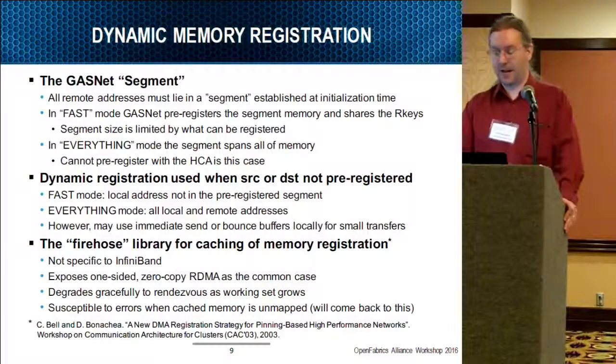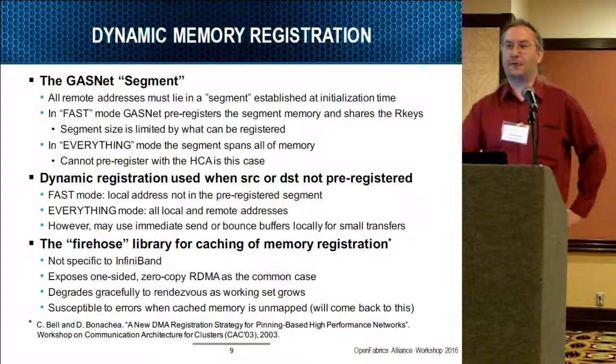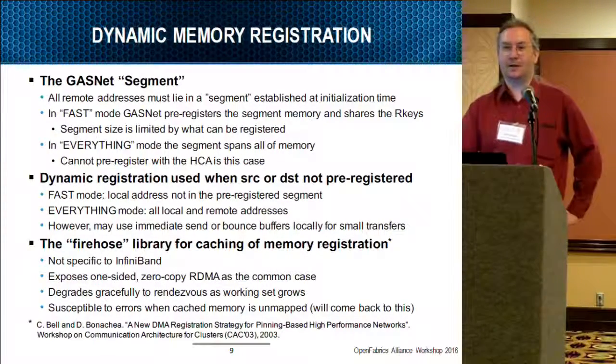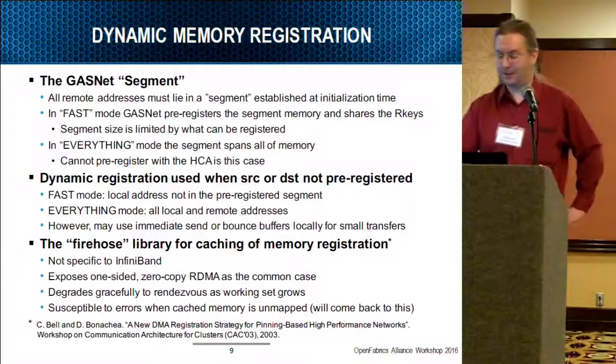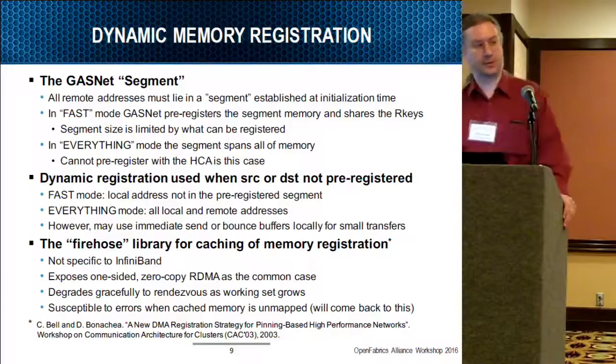And strange things happen because it looks like the transfer succeeds because the OS had a reference on that page frame, it didn't release it, and the HCA is successfully moving stuff in and out of a page frame that has no mapping into the application. And I will come back to this particular issue because it is important.